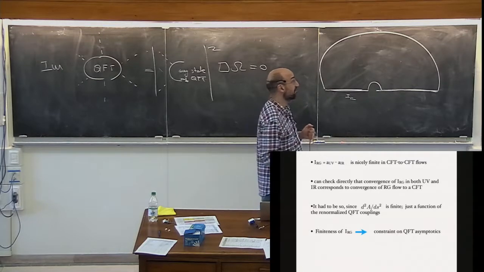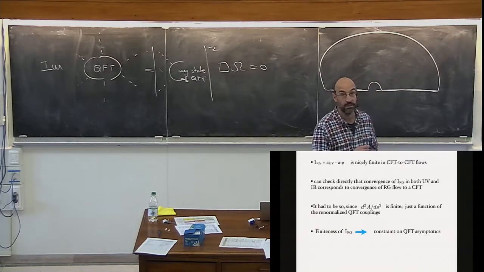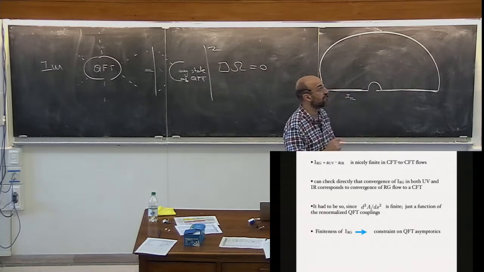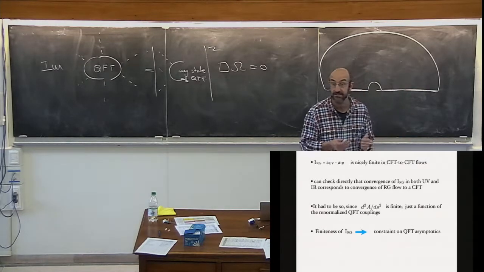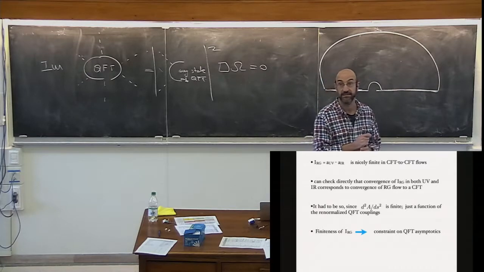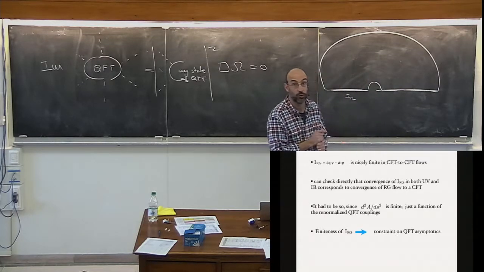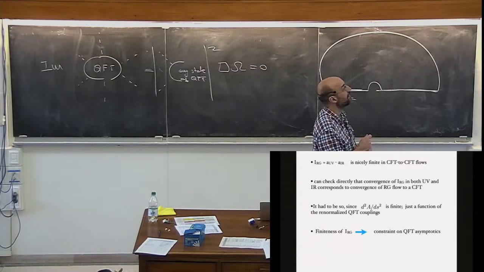The integral along these two lines gives me the difference in the A coefficient between the UV and the IR. So if in the UV and the IR you have ordinary generic conformal field theories, this quantity will be finite, okay? So this integral must be finite. It's just the difference between two parameters of our theory. The theories are normalized, so there are no infinities.